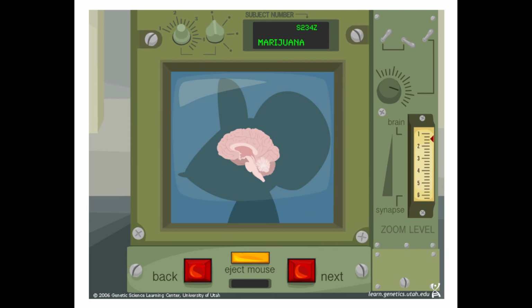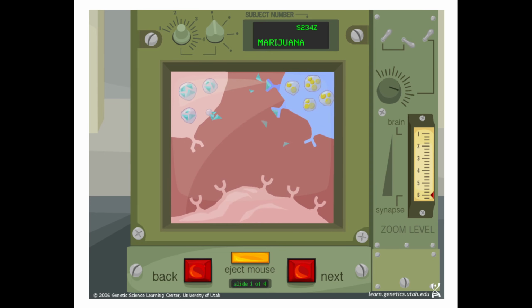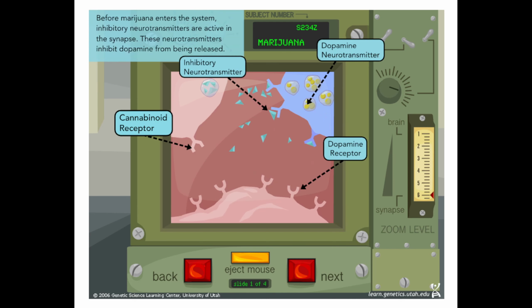All right, so we're going to zoom into the brain and take a look at our normal functioning structure. This looks very similar to what we've seen in the past, I think specifically for heroin. We see that cannabinoid receptor appearing here, those naturally occurring inhibitory neurotransmitters, right? Those will naturally occur to stop the release of dopamine.